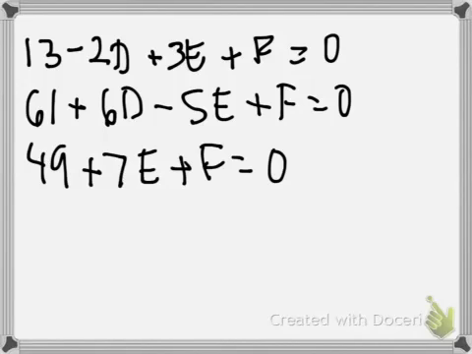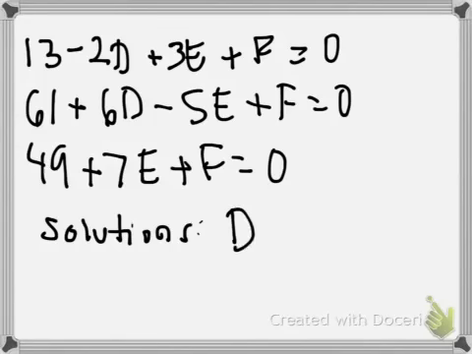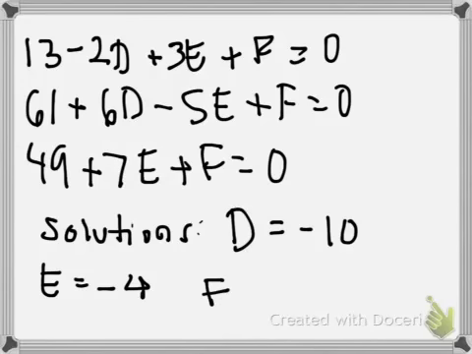Now we can solve this system of equations either using Gaussian elimination or using matrices. After the system is solved, the solution is d equals -10, e equals -4, and f equals -21.